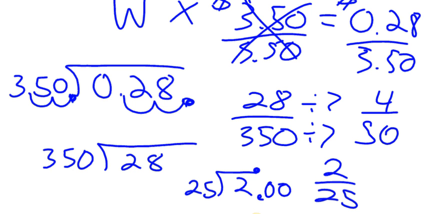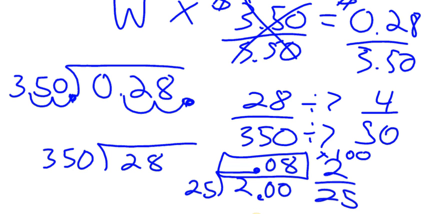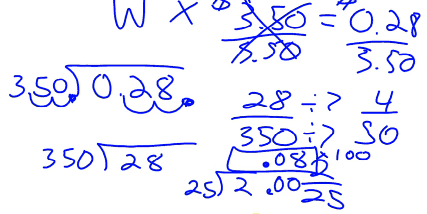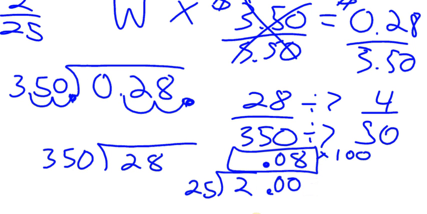How many 25s fit into 200? That gives 0.08. But now we need to multiply that by 100. Oh man, my work is everywhere. Right, 0.08 times 100 gives me 8%.